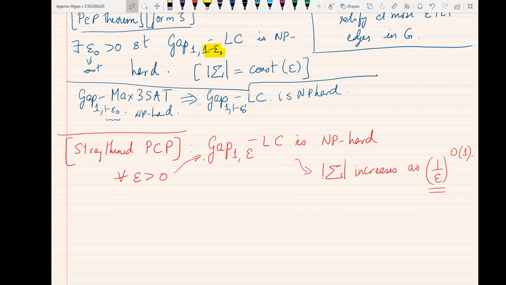Now, this strengthened PCP theorem is the starting point of, as I said, many hardness of approximation results. In particular, set cover uses the following.